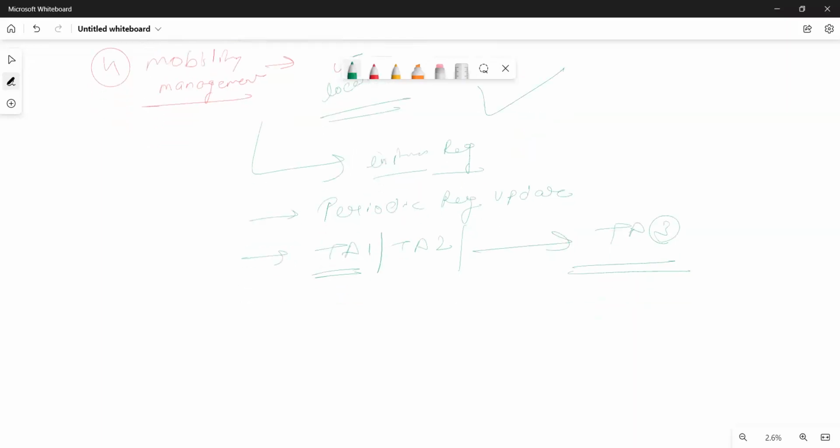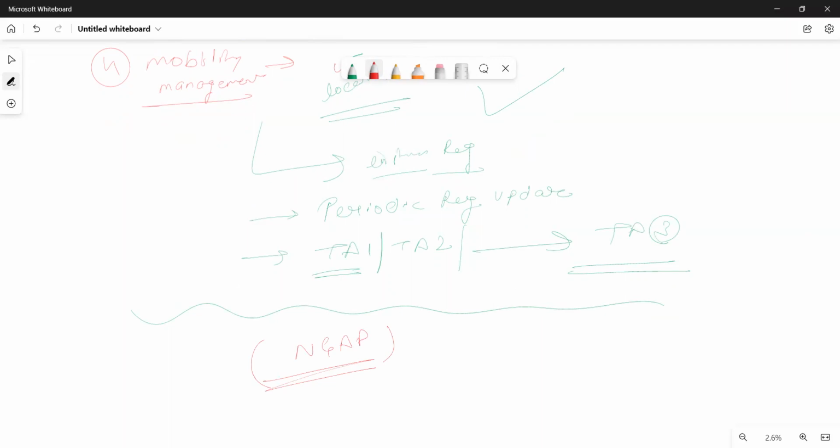Now we're going to discuss somewhat the responsibility of the AMF. We have this new protocol, your NGAP, Next Generation Application Protocol. I'm going to write it here: NGAP protocol.